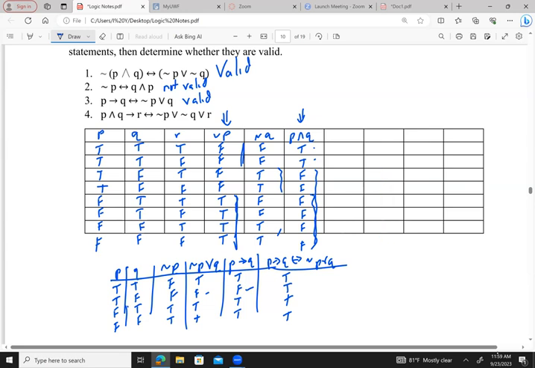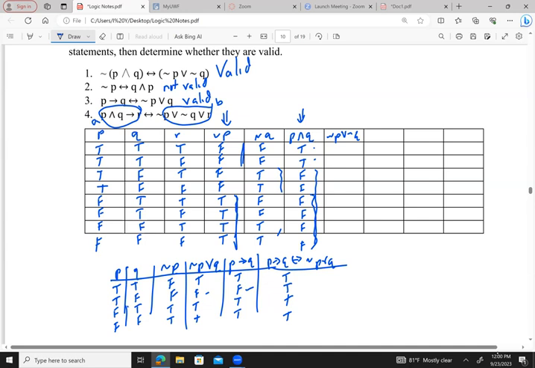So here I have P and Q, and here I have not P and not Q, or not Q. I'm also going to need this part here, A, and I'll label this part here, B. So let's look at not P or not Q. Well, I have not P, I don't have not Q. Yeah, I do, right here.